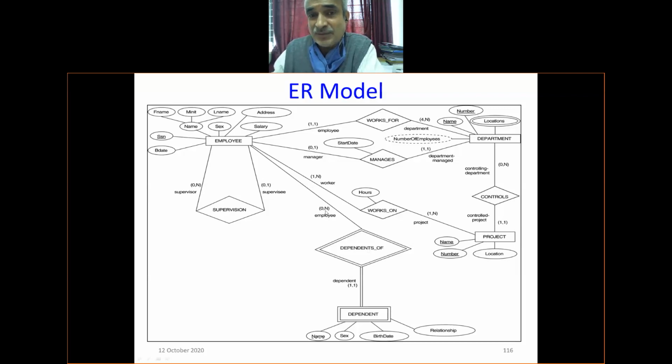The meaning is that every employee need not have a dependent registered in the organization. So there may be an employee who does not participate in this, and it may also happen that all employees participate in dependent of. That is a structural constraint.